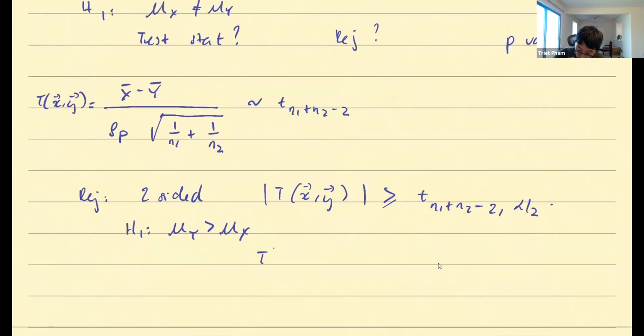So T xy less than minus t, right? Because again, if you call this your test stat, then x bar minus y bar will tend to be negative if your alternative is true.